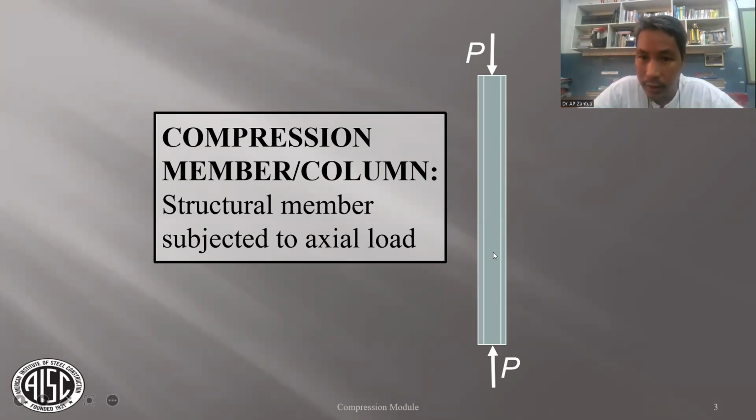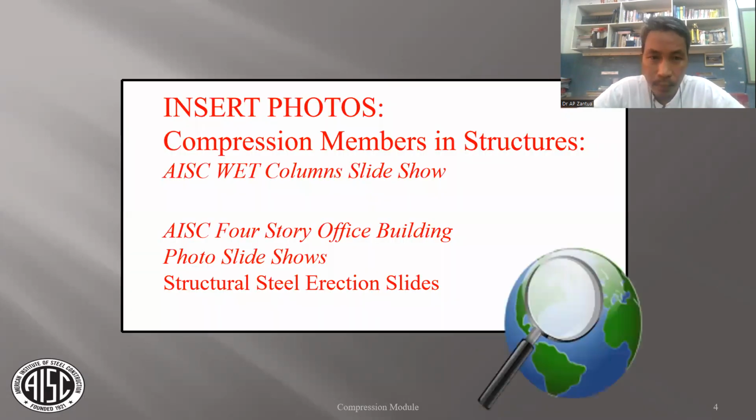As you can see, this is a W beam, which is being applied as a column. This is the flange, the opposite flange, and this is the web. Okay. So it is a structural member subjected to axial load. So that is a column.